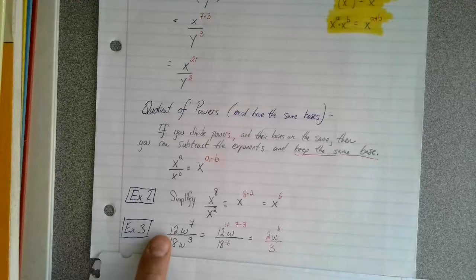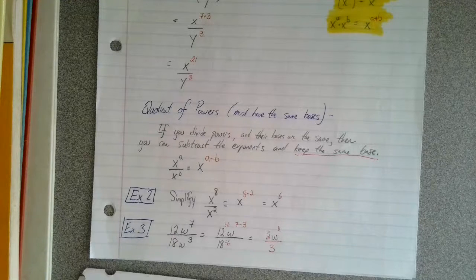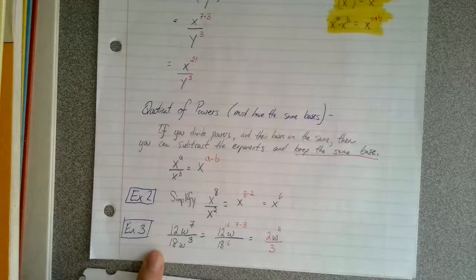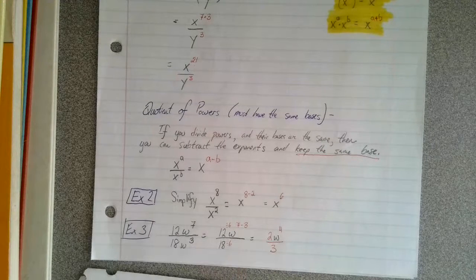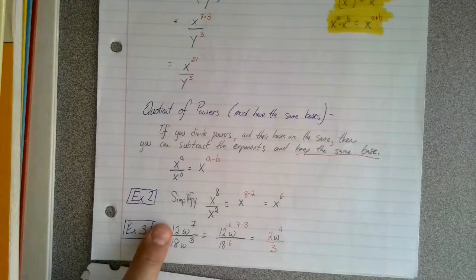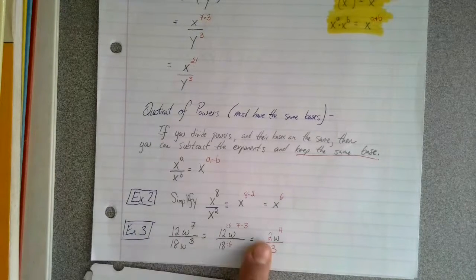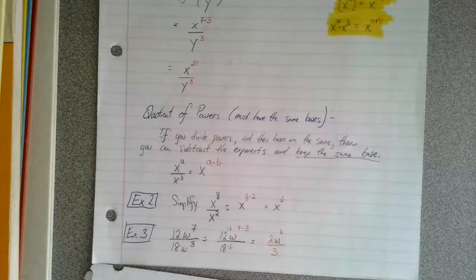So these coefficients of 12 and 18, we're going to handle those as we've always handled fractions, dividing out common factors, which in this case, 12 and 18 share a greatest common factor of 6. And so we'll divide out those 6's. And the fraction 12/18 simplifies to 2/3.